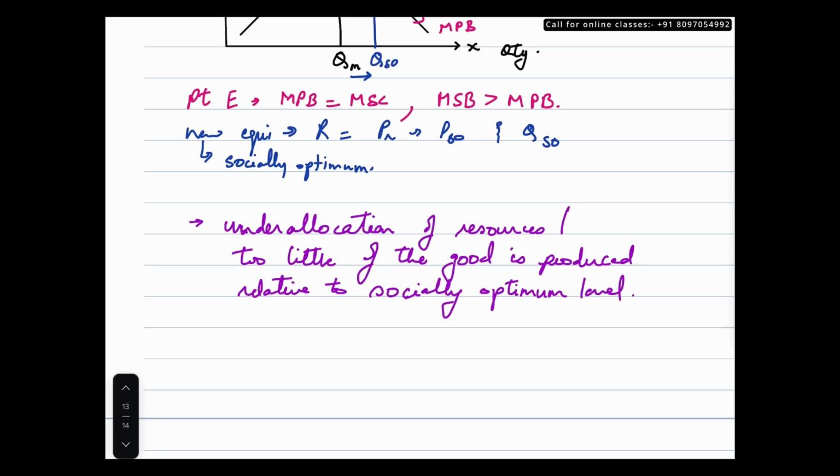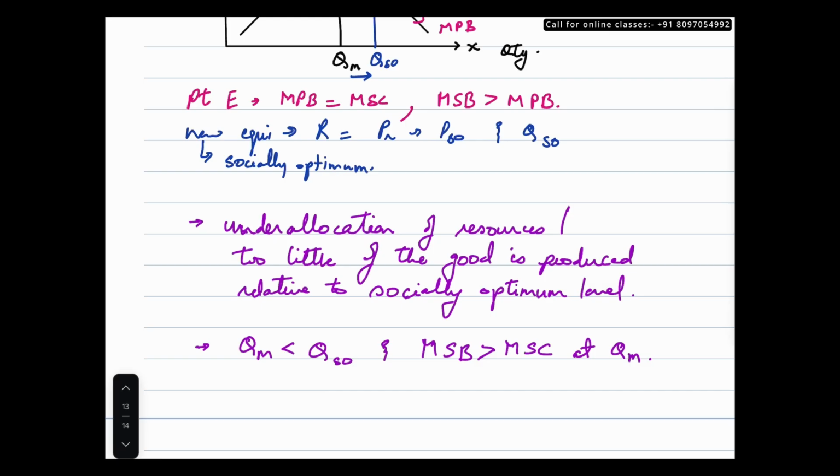How do we get to know that this is happening? Free market quantity is less than the socially optimum quantity, and you will see that marginal social benefit is greater than marginal social cost at the free market quantity, which is QM.